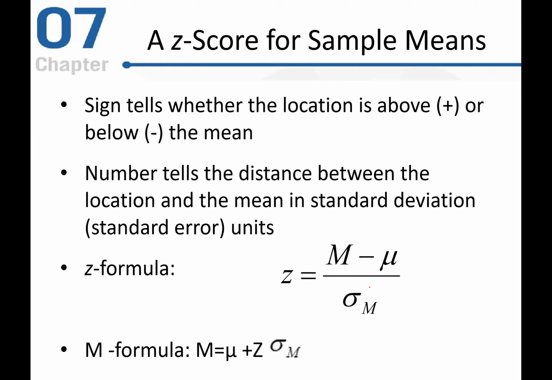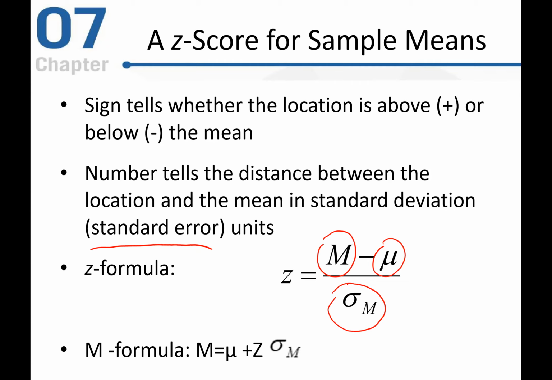And again, the number is going to tell us the distance between the location and the mean in standard deviations, but more specifically standard error units, because we're using the standard error of the mean. And so the formula looks like this. It's going to be z equals the sample mean minus the population mean divided by the standard error of the mean.